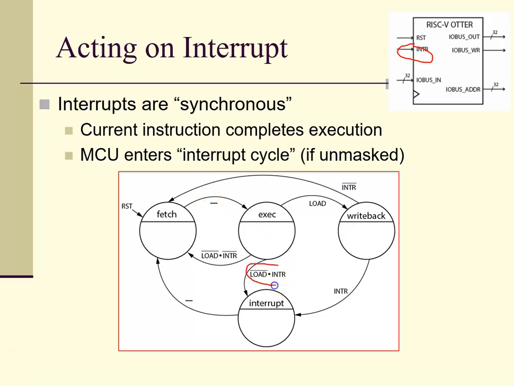Well, it's not a load, and there's an interrupt, so I'm going to go into the interrupt state. The interrupt may already be there in this execute state, but if it's a load instruction, I've got to finish the instruction, so I'm going to go to the write back state. From the write back state, if there is an interrupt, I go to the interrupt state. If there's no interrupt, not a big deal, I go back to the fetch state.